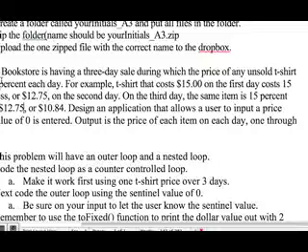The problem says a 3-day sale during which the price of an unsold t-shirt drops 15% each day. For example, if it costs $15 on the first day, then it costs 15% less, $12.75. Could be read either way. But to get it to print out 3 days, you really want the original price.